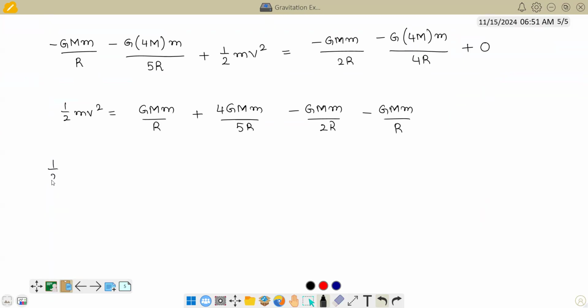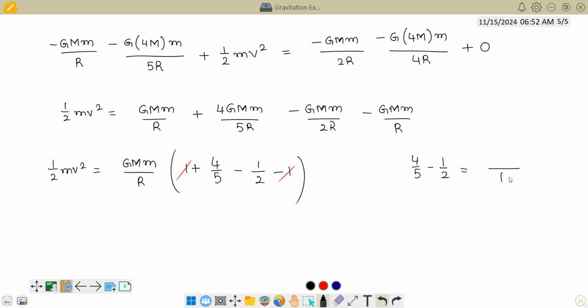So we'll get half mv squared equals, if I take GMm by r as common, 1 plus 4 by 5 minus 1 by 2 minus 1. I can cancel this 1 and this 1, and we'll get 4 by 5 minus 1 by 2, as 10, 8 minus 5, so we'll get 3 by 10.